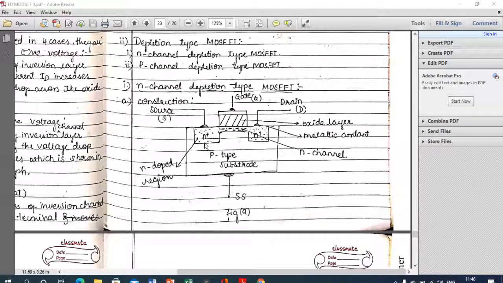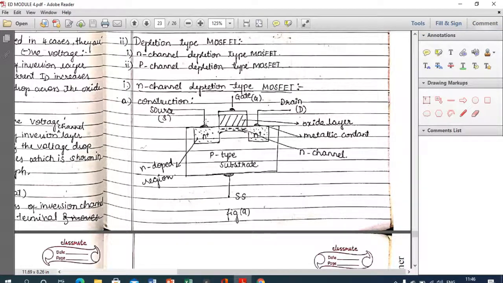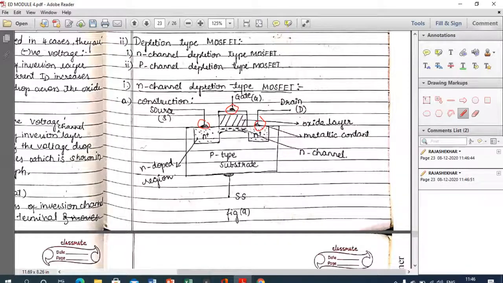As shown here, the source and the drain terminals are connected directly through a metallic contact to the n-doped regions, whereas the gate terminal is connected through a metallic contact, but it is separated from the p-type substrate by a thin layer of SiO2.